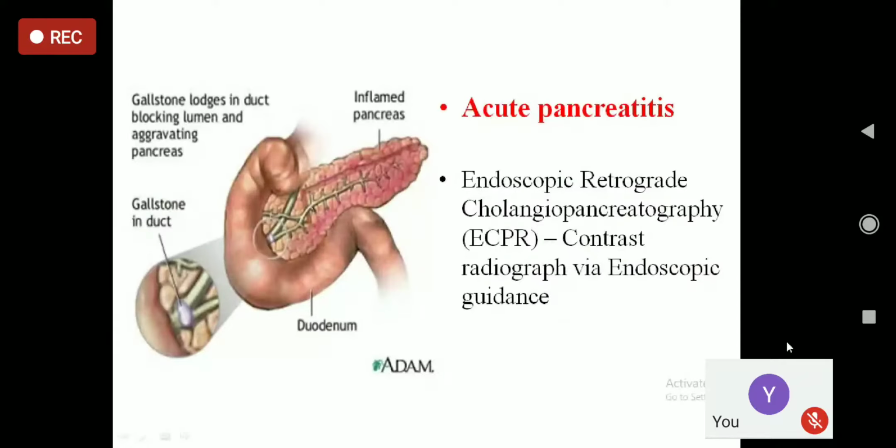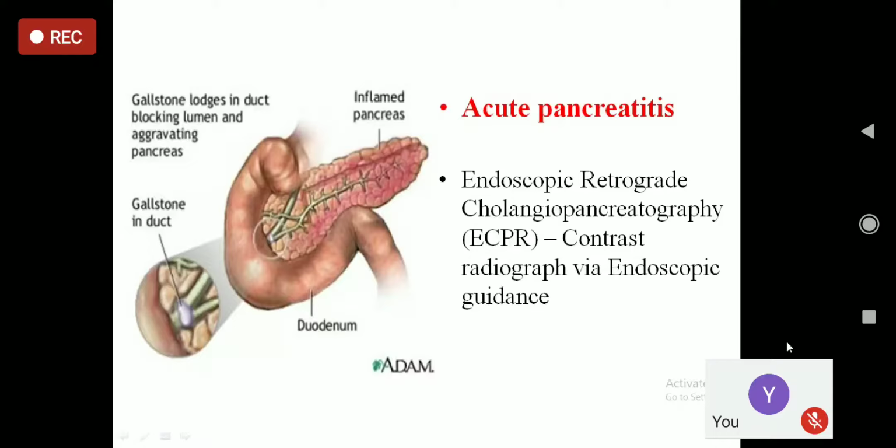And acute pancreatitis is there. Endoscopic retrograde cholangiopancreatography, ERCP, is the investigative procedure, which is done by contrast radiograph under endoscopic guidance. Then we can see the duct system of the pancreas. If there is any blockage, or any tumorous lesion compressing the duct system of the pancreas, it can be easily visualized.